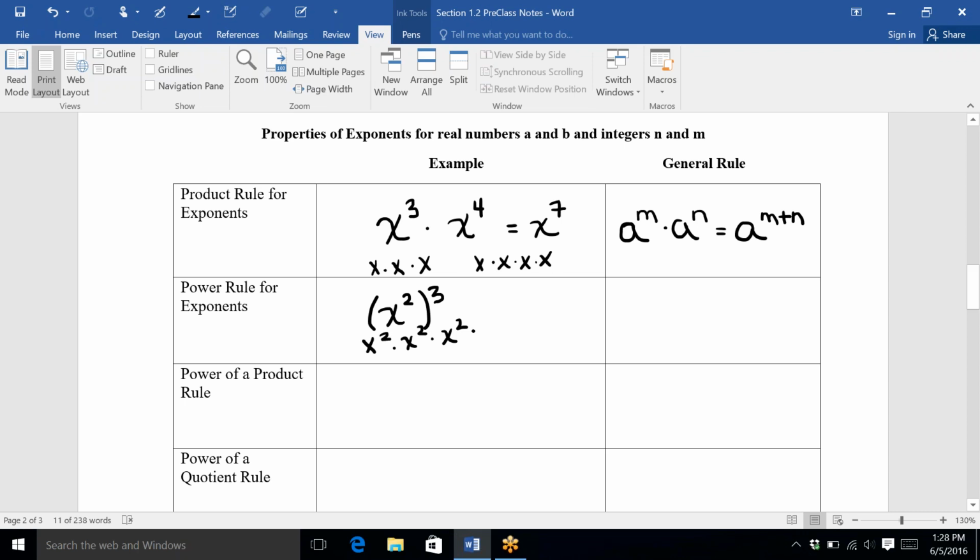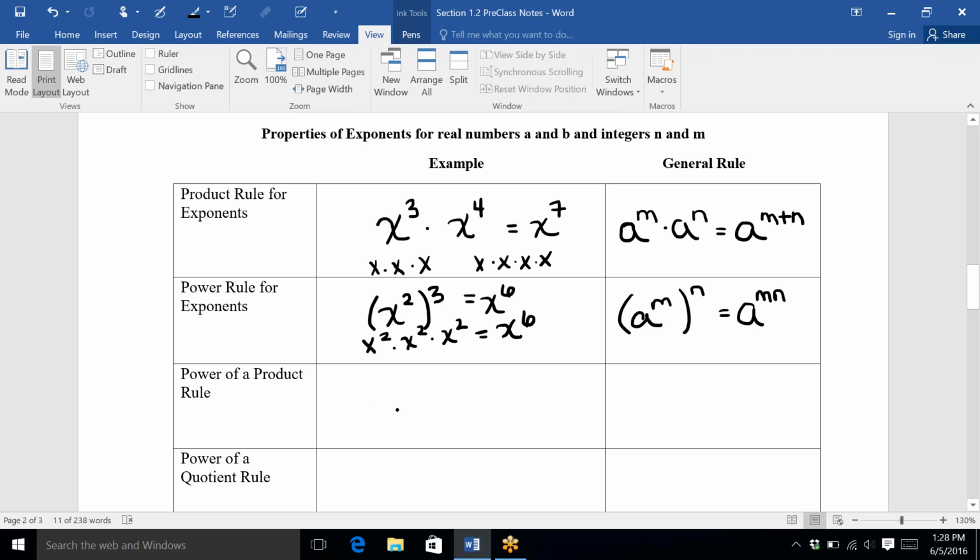So 2 plus 2 plus 2 is 6 altogether. A quicker way to get there would be to realize that 2 times 3 is 6. So if you have a single base and 2 powers attached to that base back to back like that with parentheses, we multiply. So our general rule is a to the m raised to the nth power is a to the m times n.